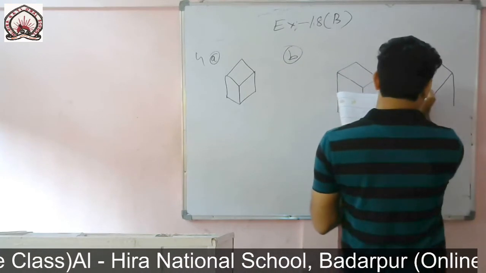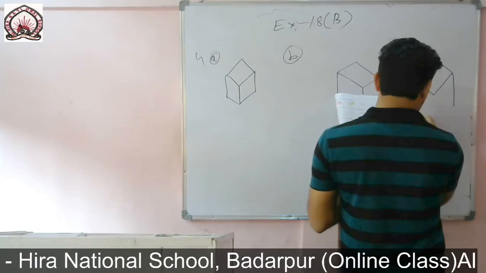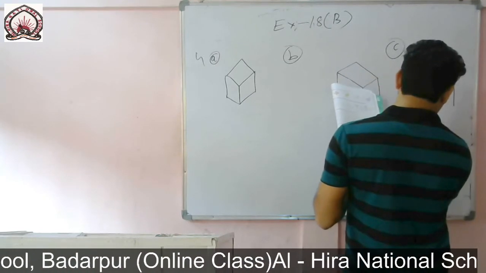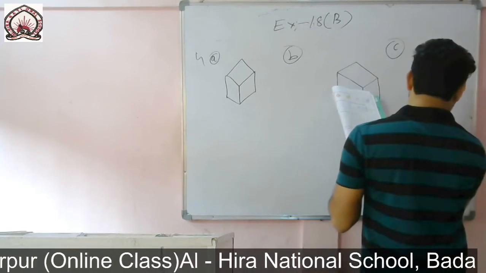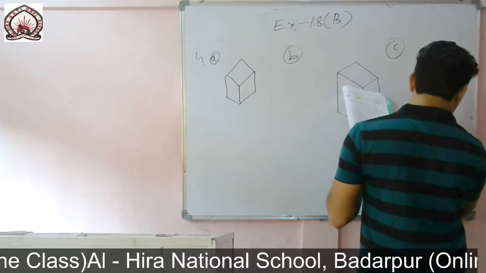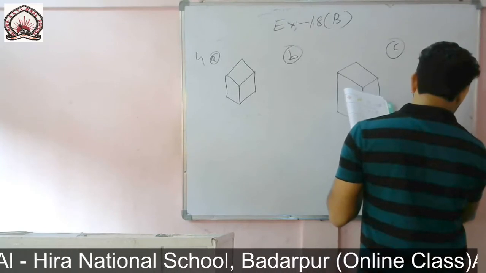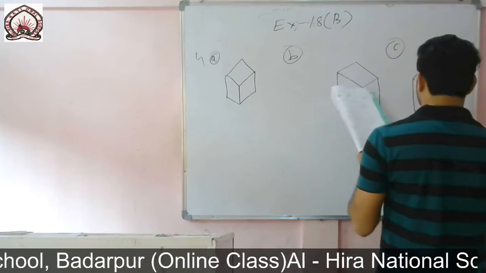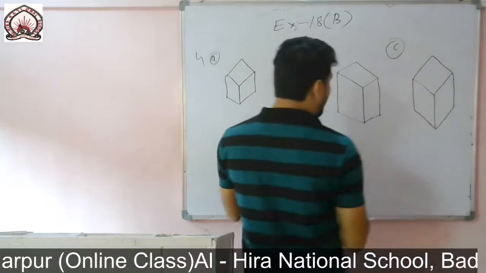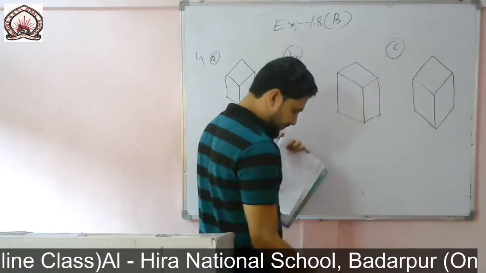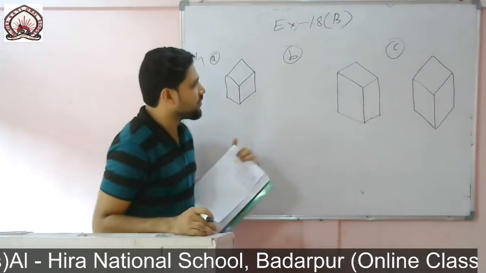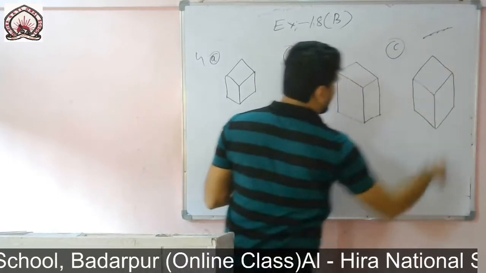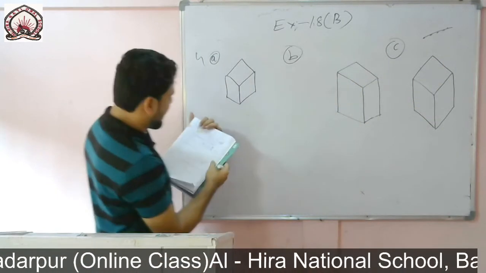After that, we make parallel with this one. Then we make this one. So we'll get the shape like this. If you add with dot dot, then it will come exactly. I have drawn with my hands.